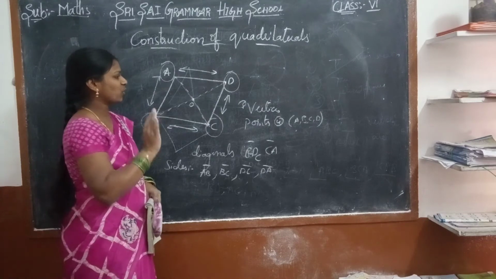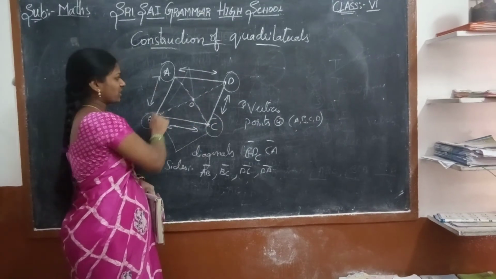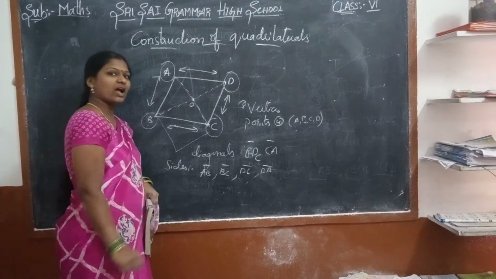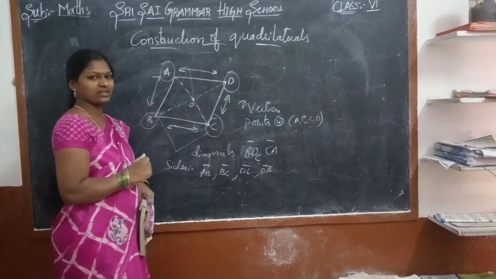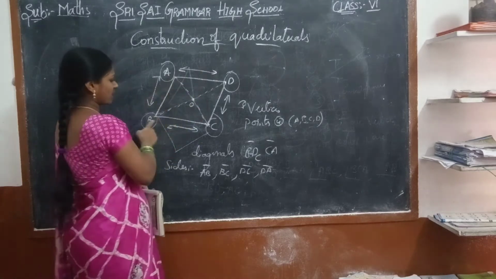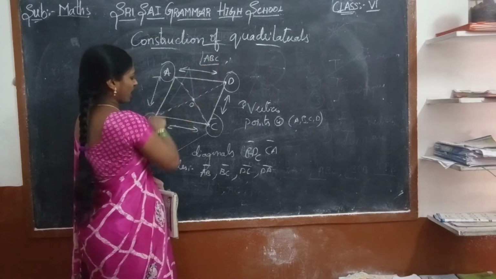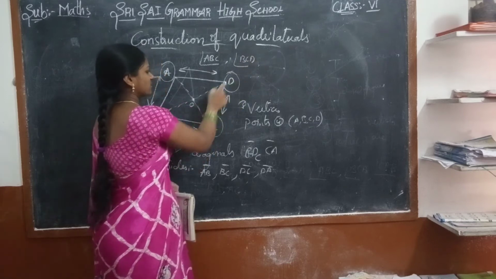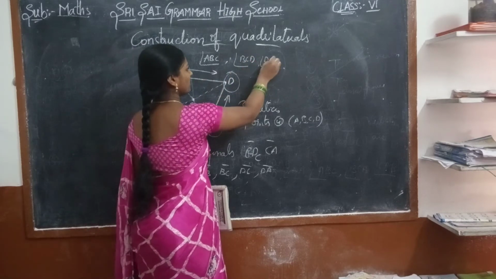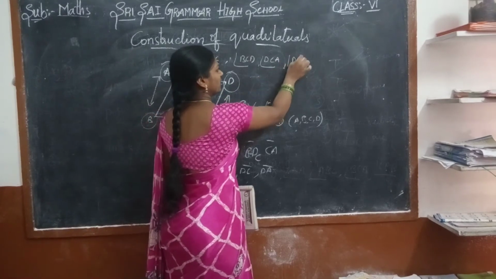Vertices are completed, diagonals completed, sides completed, and we see 4 angles are formed in the quadrilateral. What are the 4 angles? Angle ABC, angle BCD, angle CDA, and angle DAB.